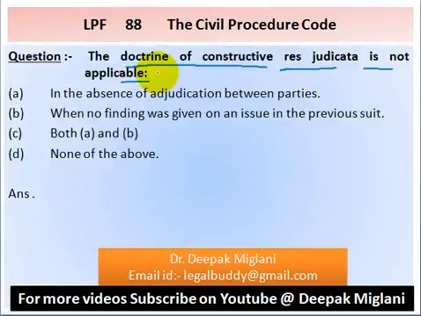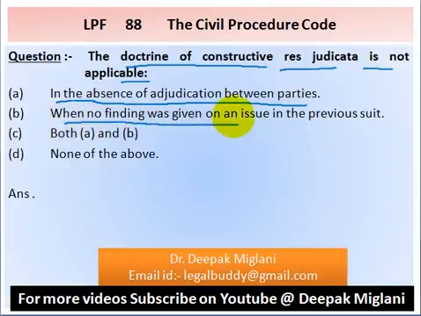Question number 88. The doctrine of constructive res judicata is not applicable: Option A, in the absence of adjudication between parties. Option B, when no finding was given to an issue in the previous suit. Option C, both A and B. Option D, none of the above.